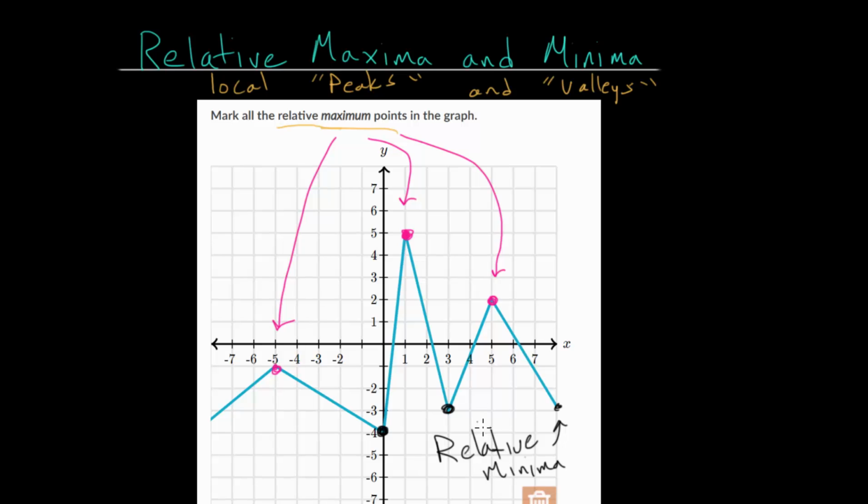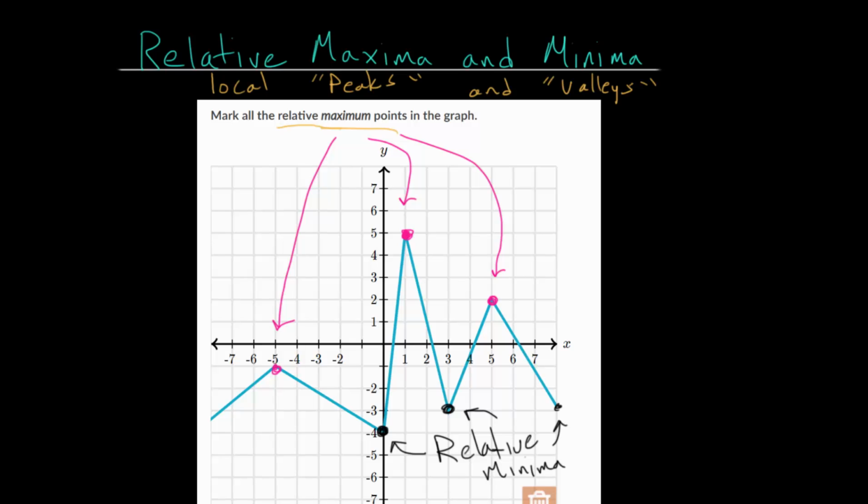And I mentioned we're also going to talk in a later video about absolute maxima and minima. And when the term absolute is used, that's just looking for either the highest overall point on the graph in terms of its y value, or the lowest overall point on the graph in terms of its y value.